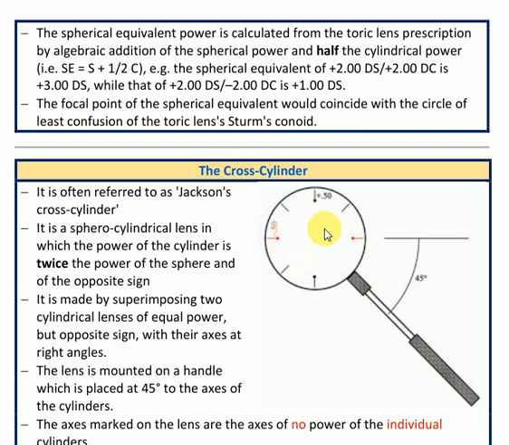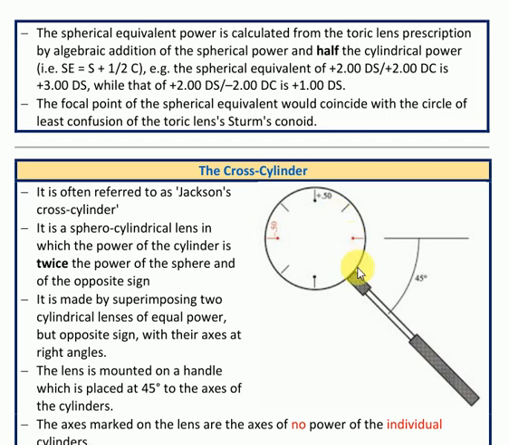So it is used to check the axis of a trial cylinder, and it is also used to check the power. To check the axis of the trial cylinder, this is placed obliquely.